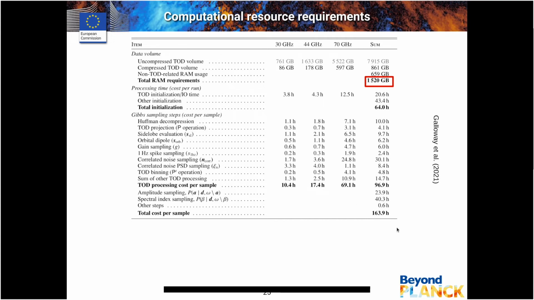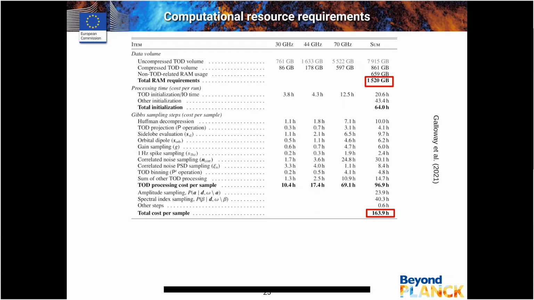We can do one single Gibbs iteration, so one estimate of every one of the parameters, in about 164 core hours. This node has 128 cores, so you divide by 128, and it's about 1.3 wall hours for a single one of these samples.